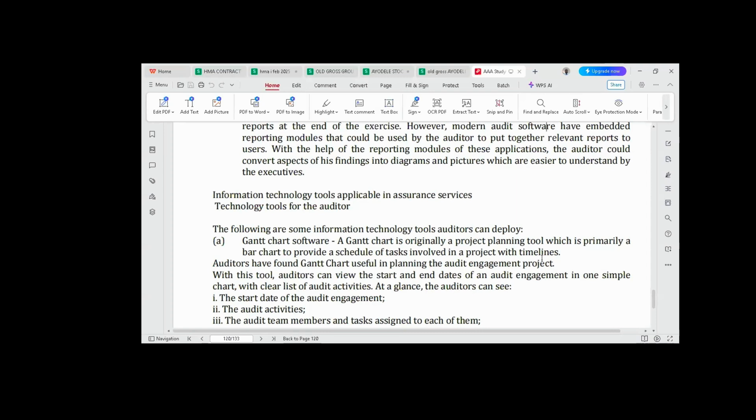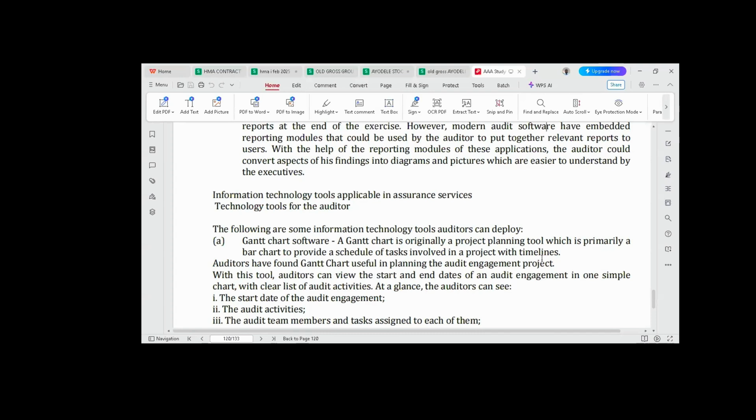So what that does is that it assists the auditor in drawing up a project, because every audit engagement is a project. It will assist the auditor to design an audit engagement project where the auditor will be able to specify the various milestones.